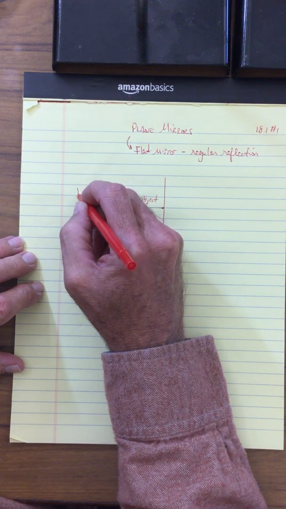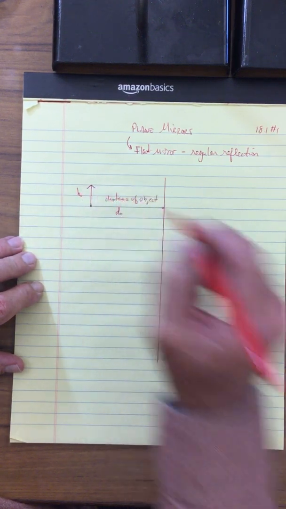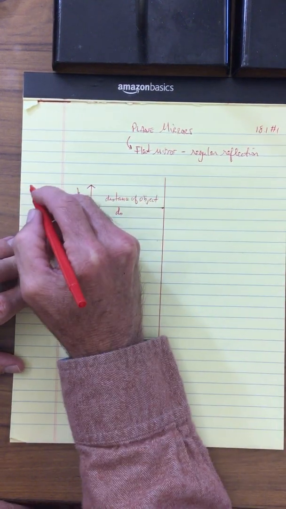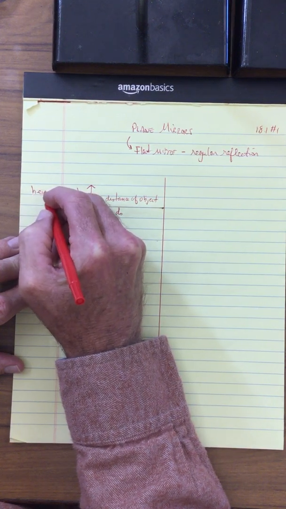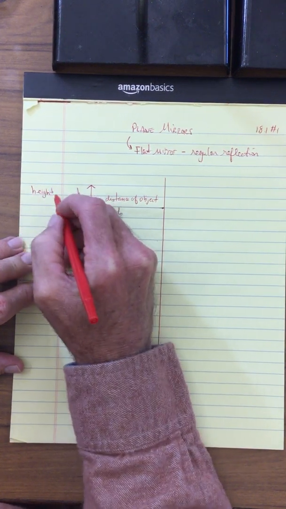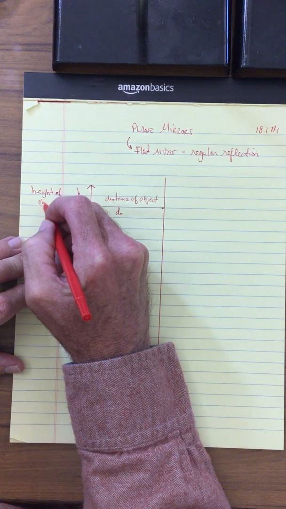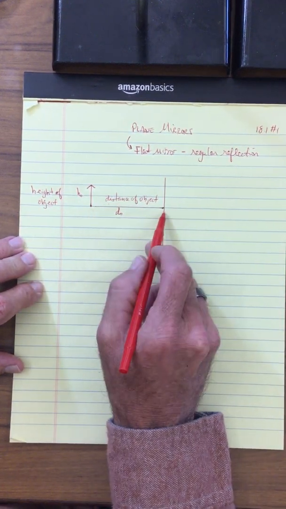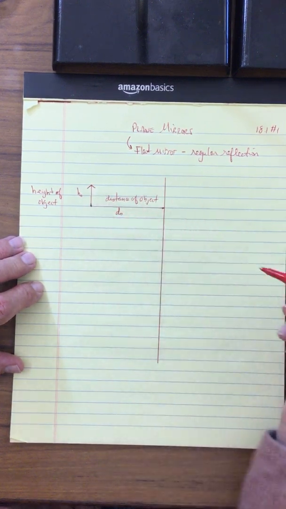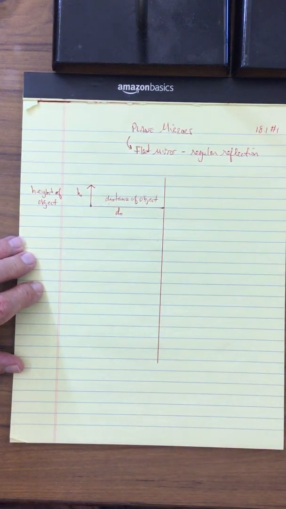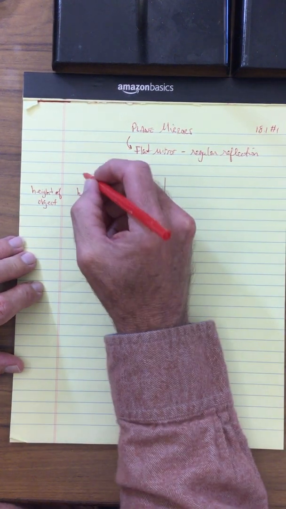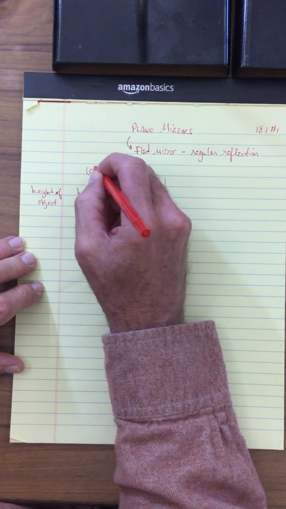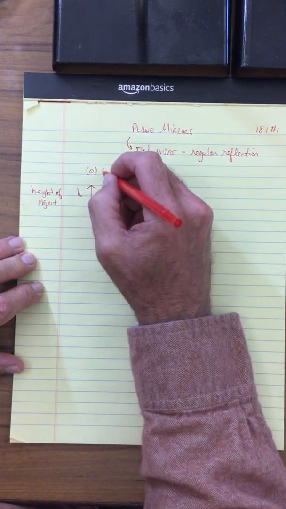So this is symbolized as lowercase h sub o. This is now the height of my object. So I have my distance of the object, how far away from the mirror it is, and I have the height of the object, how tall it truly is. The object is symbolized as a capital letter O for the object.